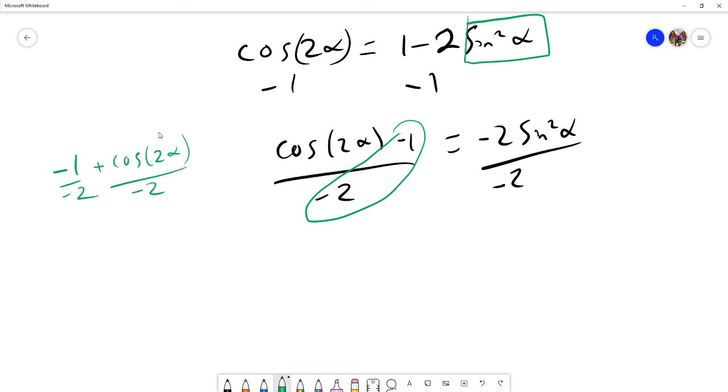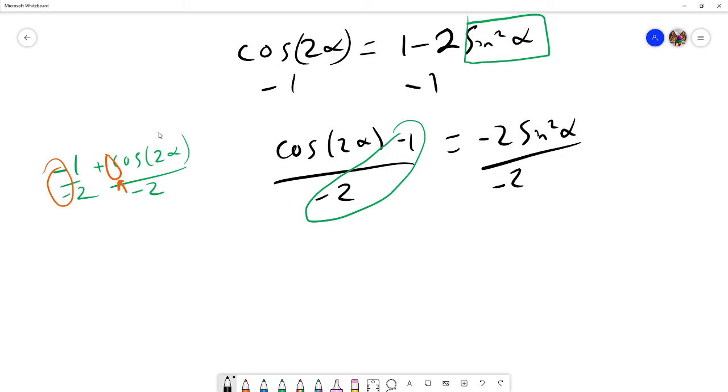So these negatives will die out, and its cosine is going to become negative because of that negative there. So this is kind of some of the middle work in case it got lost in the algebra. So that's what I meant by this circle in the green here.